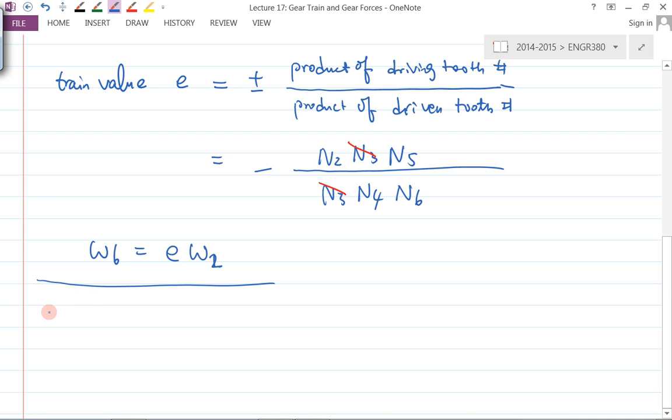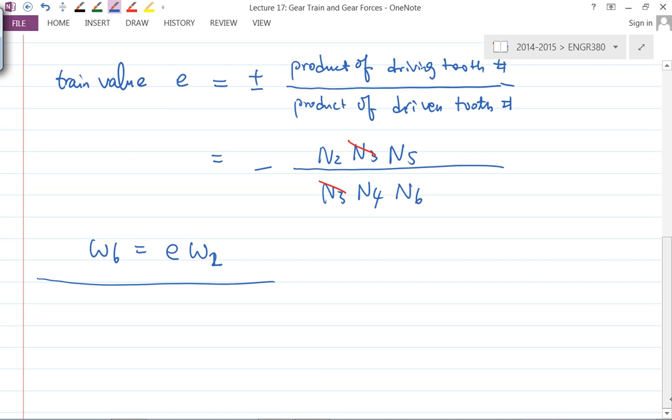All right, the next topic is this. I think another good application of the train value is in learning control systems. Often the first step is modeling the system, and there might be gear trains in an electromechanical system.